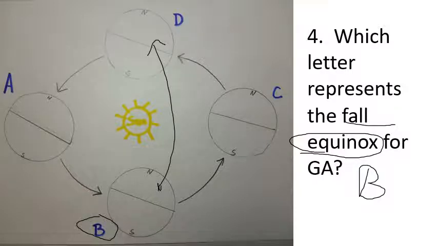So it's equal, hence the equinox. For us in Georgia, this is our fall equinox because we start fall. This over here would be our spring. Now remember, the southern hemisphere is exactly the opposite for us. When we start fall, they start spring. When we start winter, they start summer. But this question was specifically asking about Georgia.